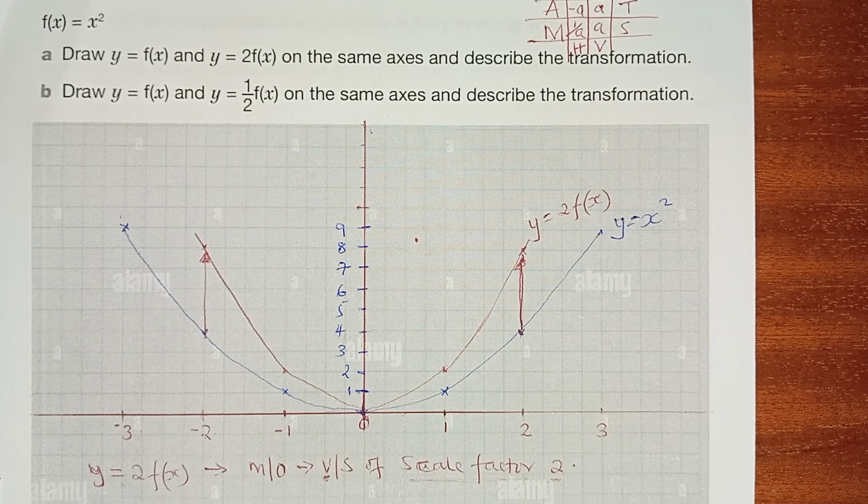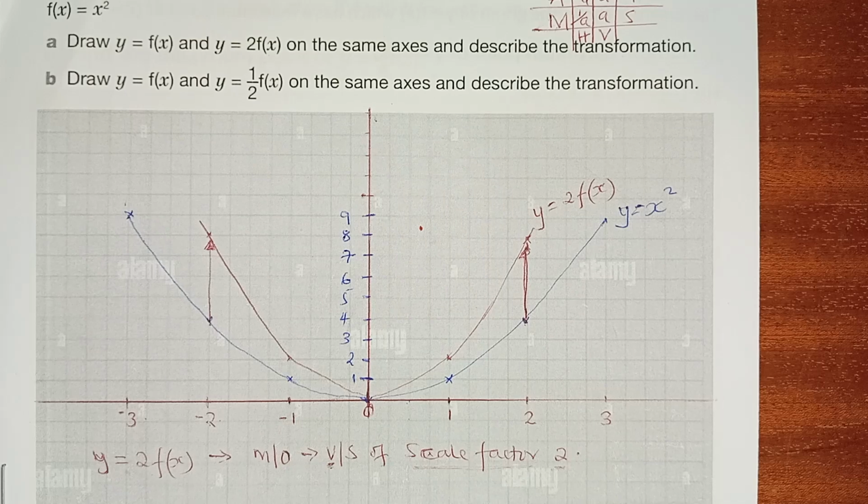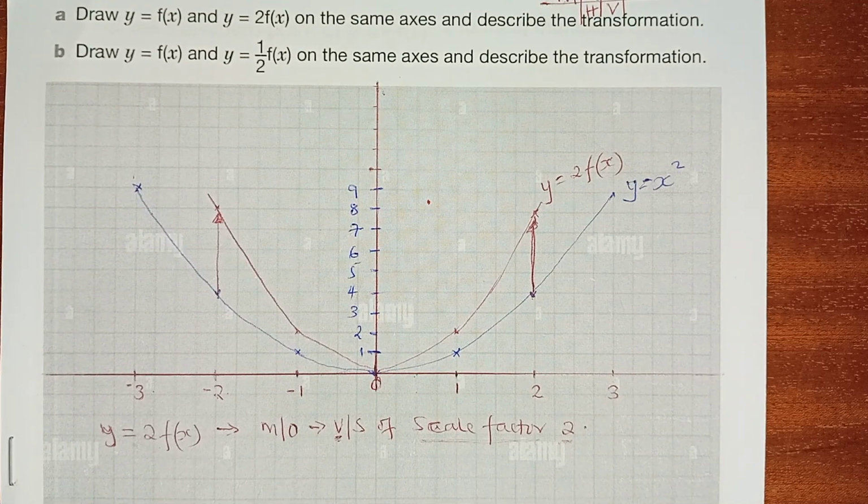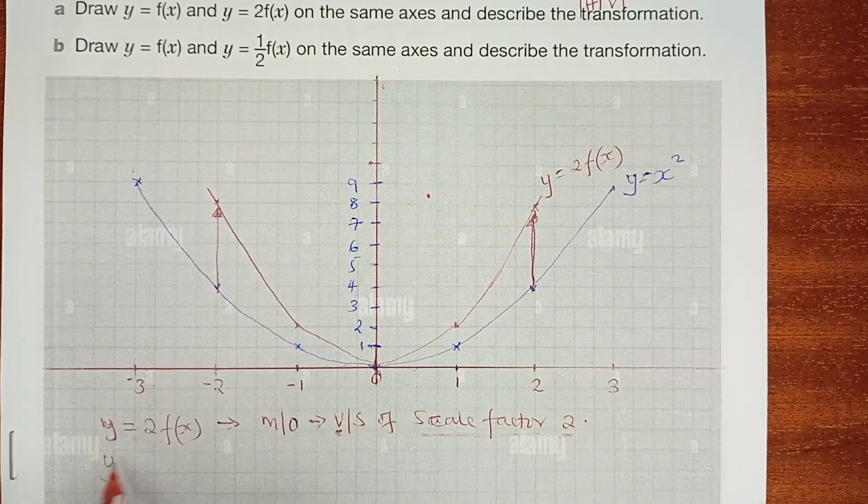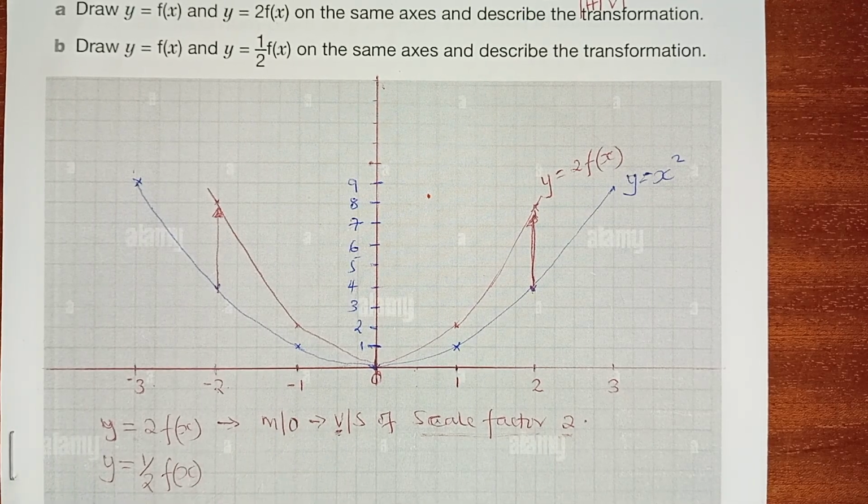Part B of the question is talking of draw the graph of y is equal to a half f(x). And now that we have understood this is also multiplication outside, we will not explain that again. We have explained it because it's affecting the whole function.